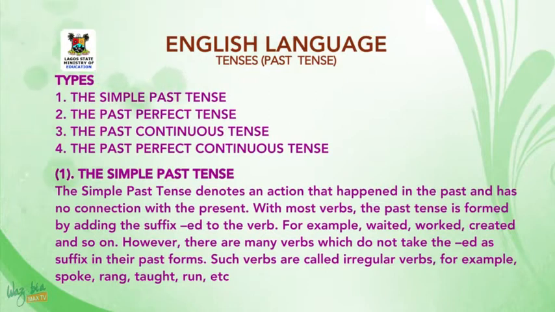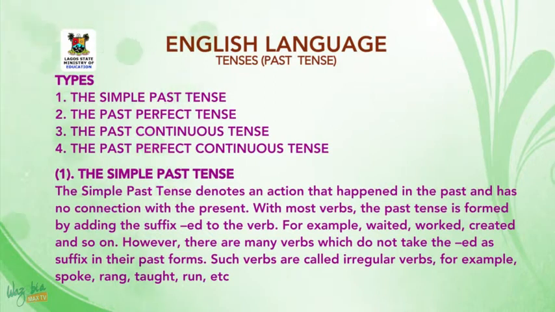The simple past tense. The simple past tense denotes an action that happened in the past and has no connection with the present. With most verbs, the past tense is formed by adding the suffix ed to the verb.